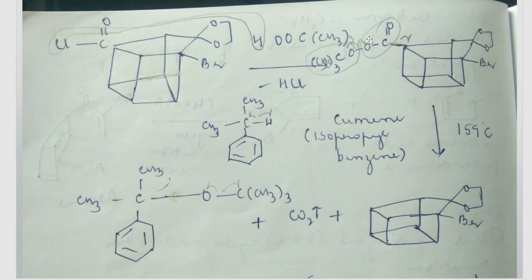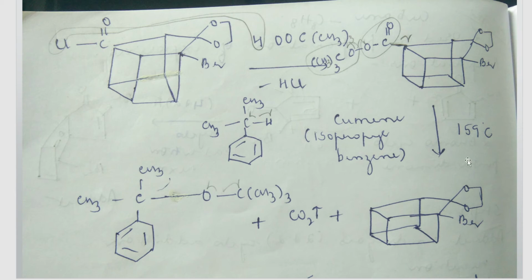This will get one electron, and this oxygen here will get one electron. So there are two sides where cleavage will take place. One is this bond and one more is this bond. Now this whole molecule will go out as carbon dioxide, C double bond O, correct. So it will go out as carbon dioxide molecule.